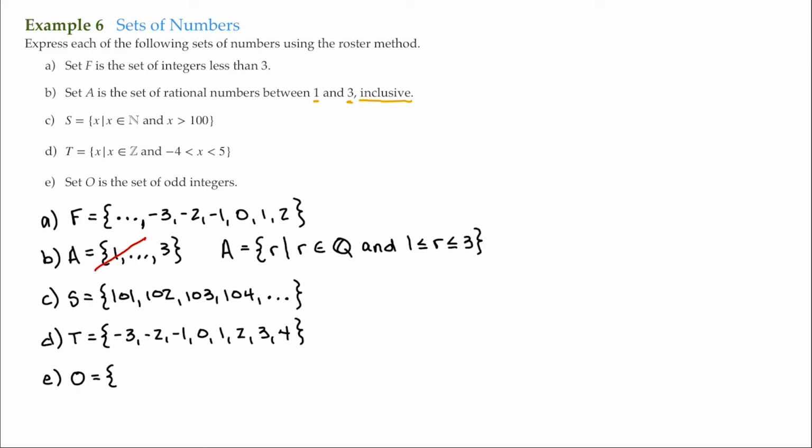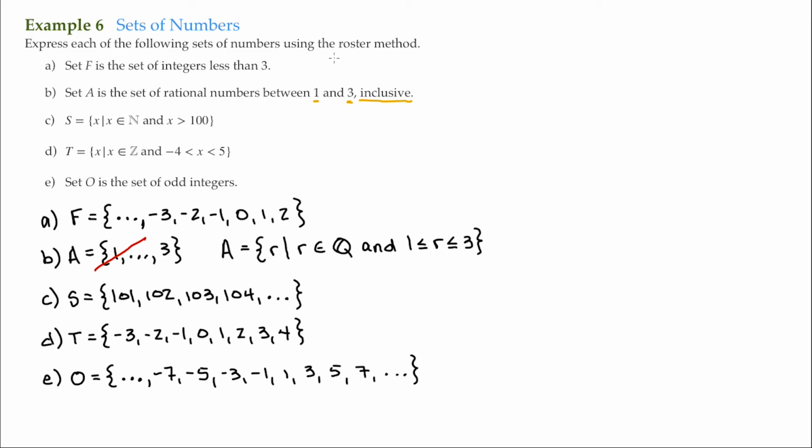And of course, integers also include the opposites of the natural numbers. So I'm going to put in maybe an ellipsis here, -7, -5, -3, -1, 1, 3, 5, 7, and then carry my ellipsis as it continues on.